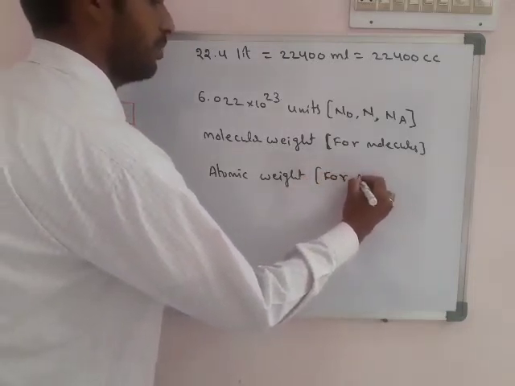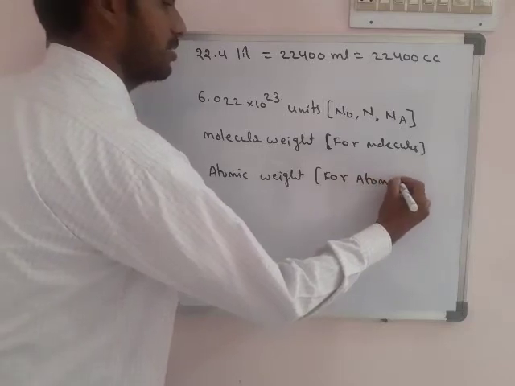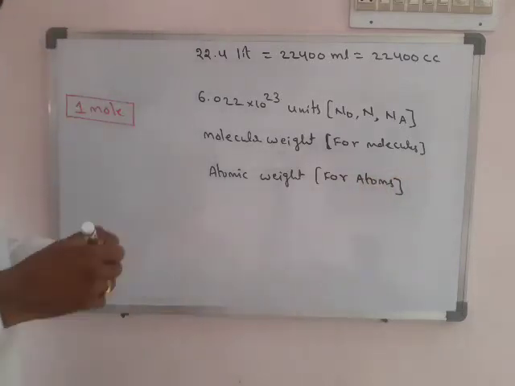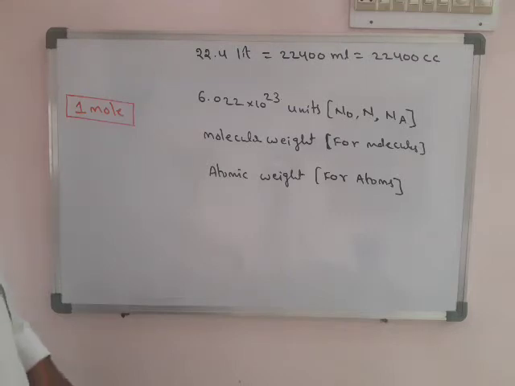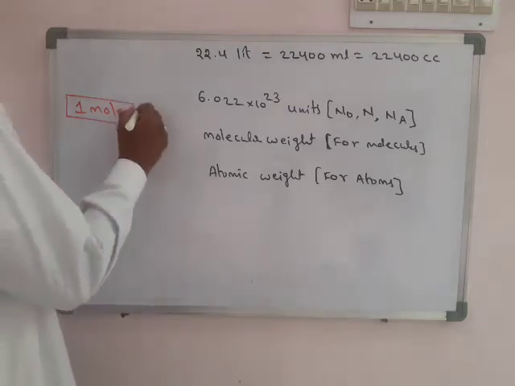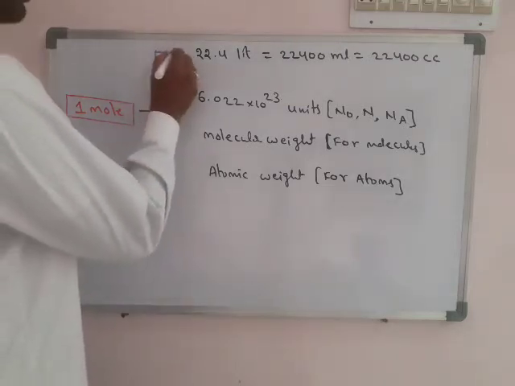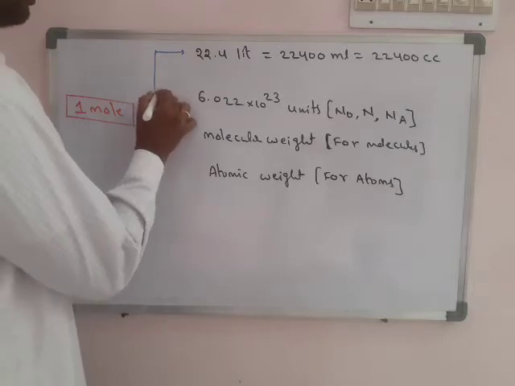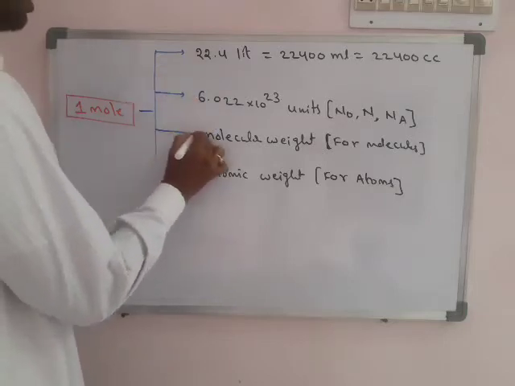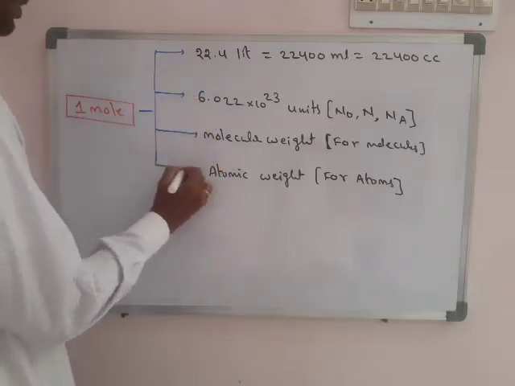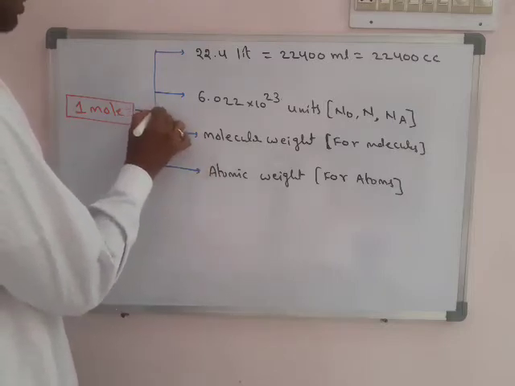So we need to remember these relations to proceed with this chapter. In terms of value, in terms of units, in terms of mass of molecules, in terms of atomic weight.